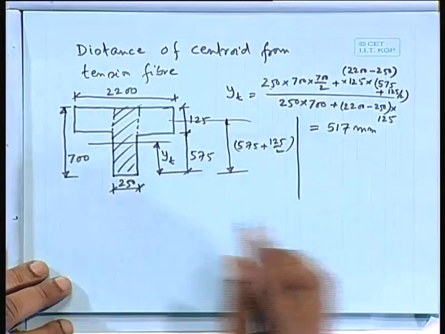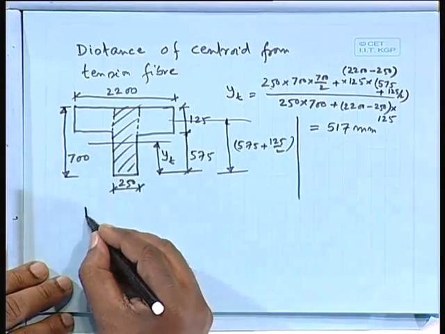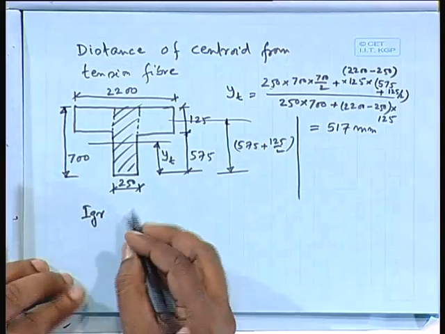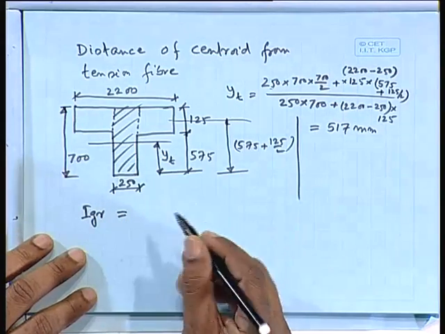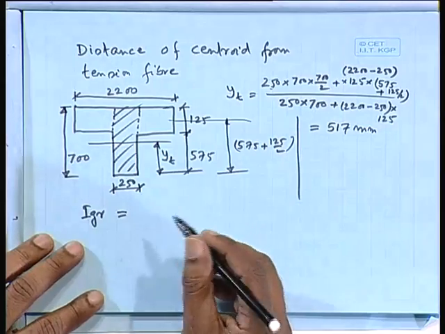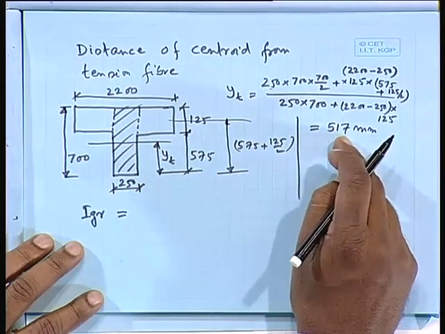Let us find out Ig, the gross second moment of area. We can find it out, because I now know the 517 millimeter.